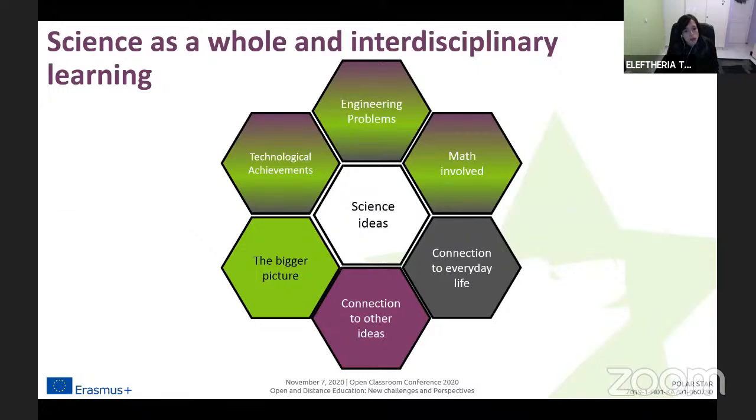We link it to the bigger picture, so we give a bigger, more concrete, meaningful context to anything that we teach. We connect what we teach to other things that students learn through other science disciplines, and we connect it to everyday life.